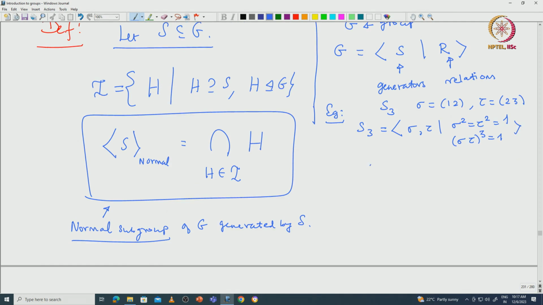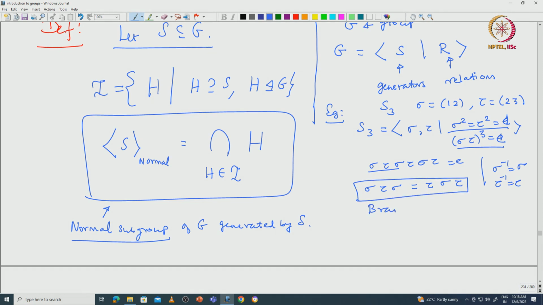This can be rewritten as follows: sigma tau to the power 3 is identity, so you can write sigma tau sigma tau sigma tau equals identity. Let me use E for identity. Then this can be rewritten: sigma tau sigma is the same as tau sigma tau, because sigma inverse is sigma and tau inverse is tau, using these first two relations. This is called the braid move, the braid relation.